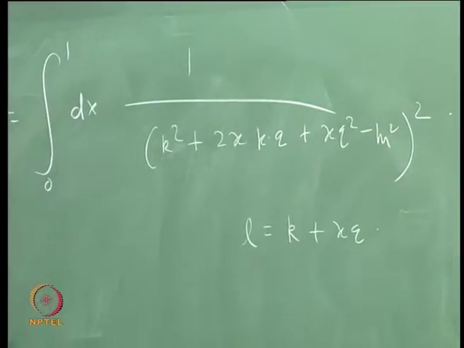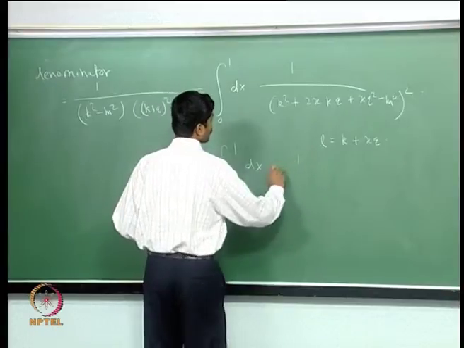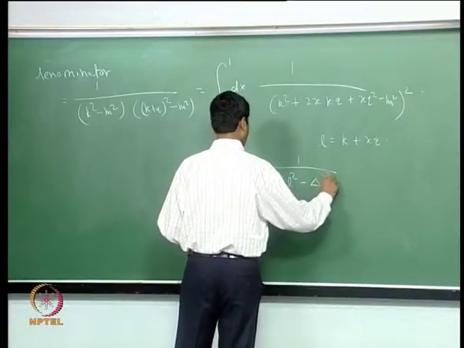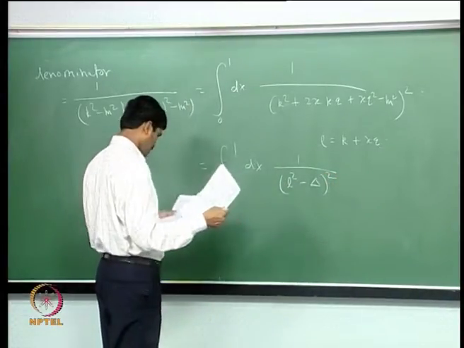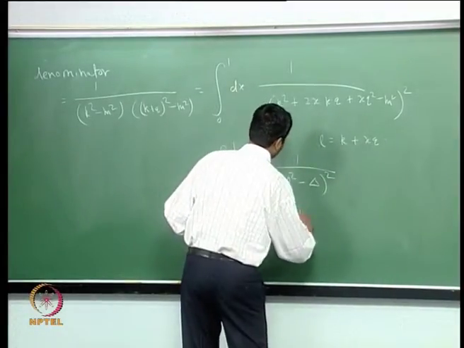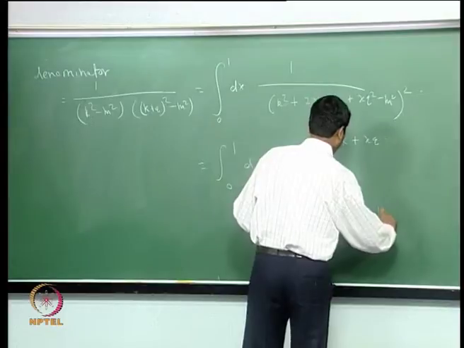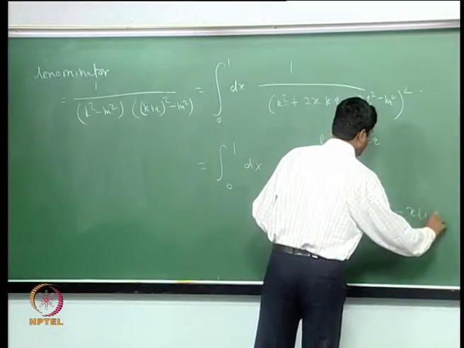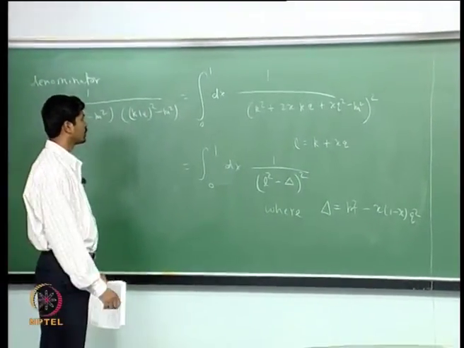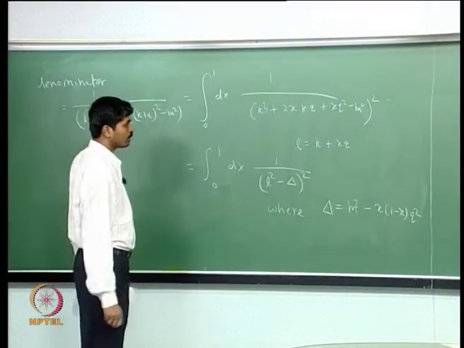When I do that, what I will get is simply 0 to 1 dx 1 over [L square minus delta] whole square, where delta is given by m square minus x into 1 minus x q square. So, this is what I will get in the denominator.